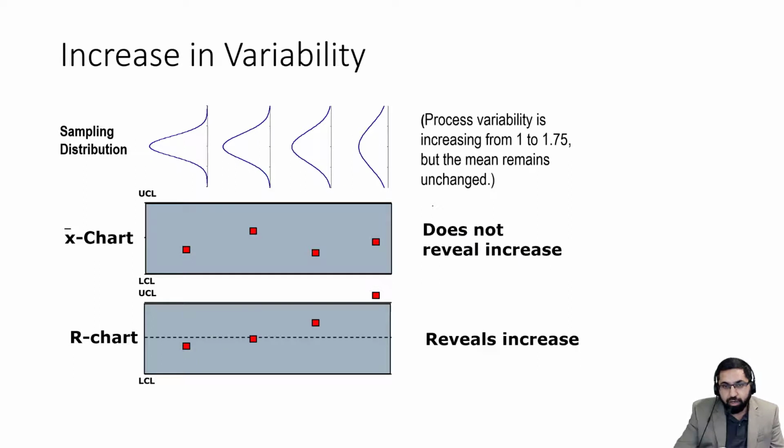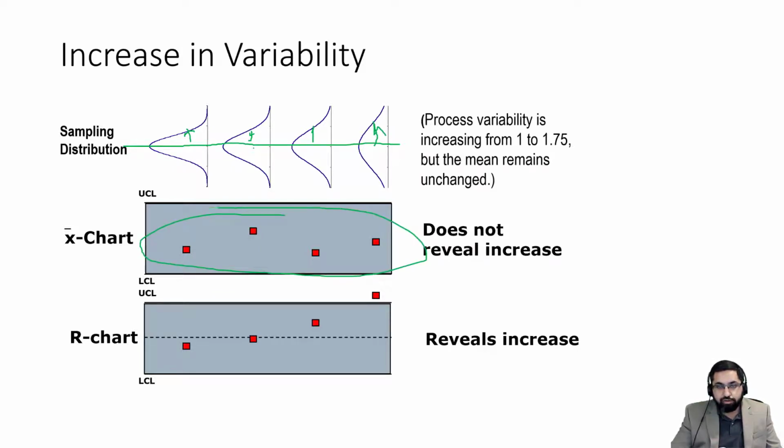Now, what happens if the reverse happens? We have an increase in variability, but the process is still centered at the same value. The variability increases, the distribution gets fatter and flatter. The X bar chart will be totally fine, because the X bar chart detects shifts in the mean.